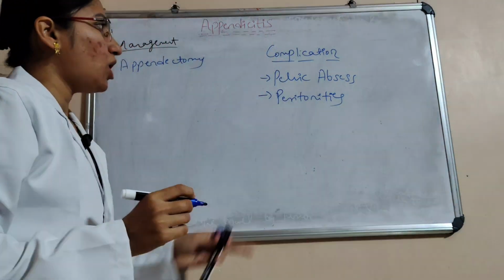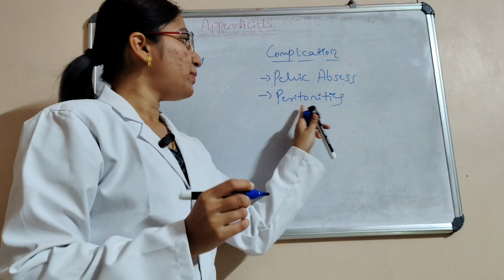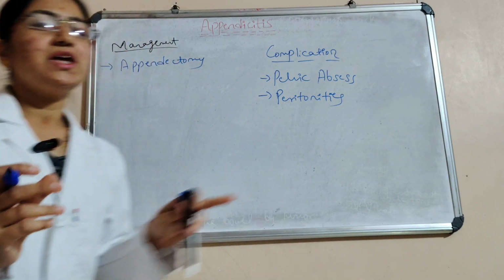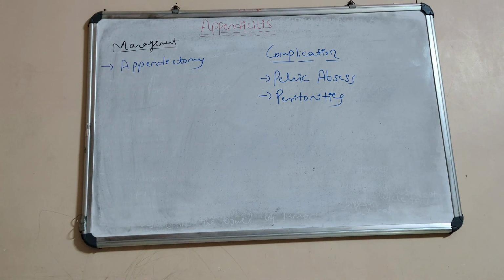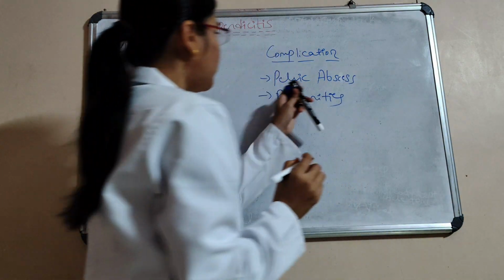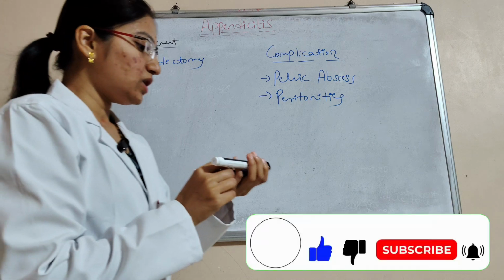These are the complications. Here, there will be the collection of pus, formation of pus that is in between the liver and the diaphragm. That is pelvic abscess and the peritonitis. These are the complications.